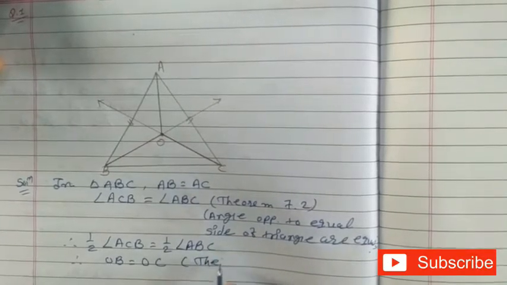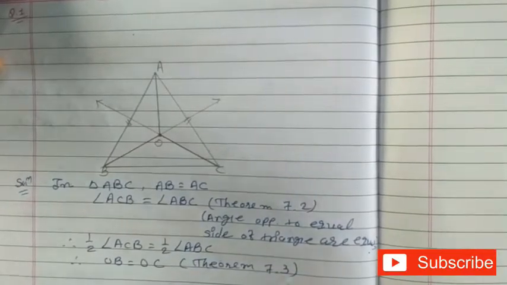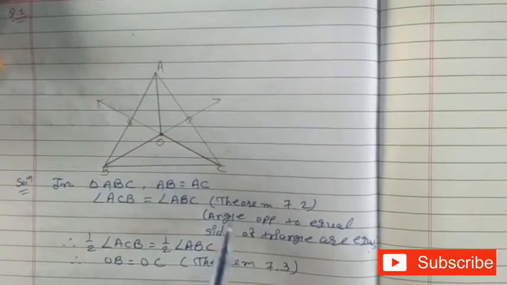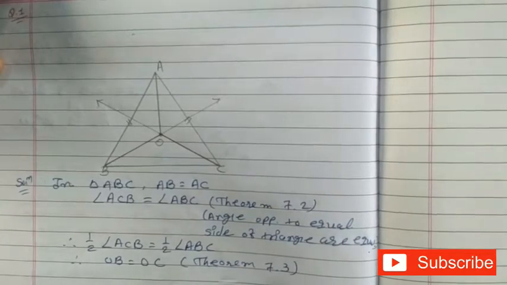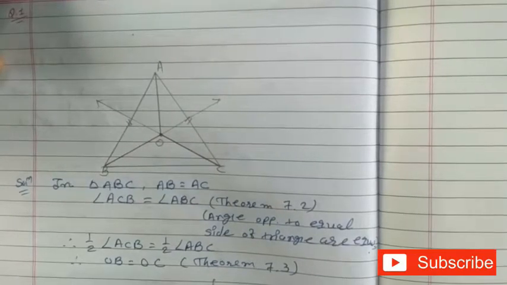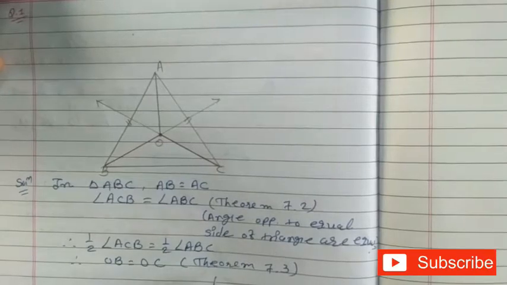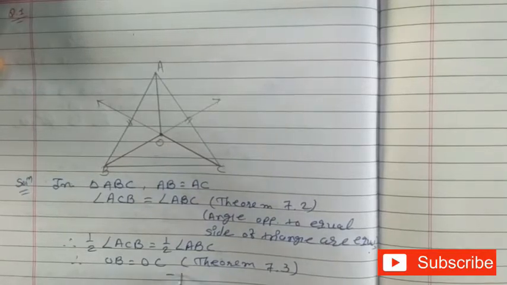Why? Because of theorem number 7.3. Theorem 7.2 says if angles opposite two equal sides of a triangle are equal, then theorem 7.3 is the converse of 7.2. Here we can say that sides opposite to equal angles of a triangle are equal. So this is our first proof.